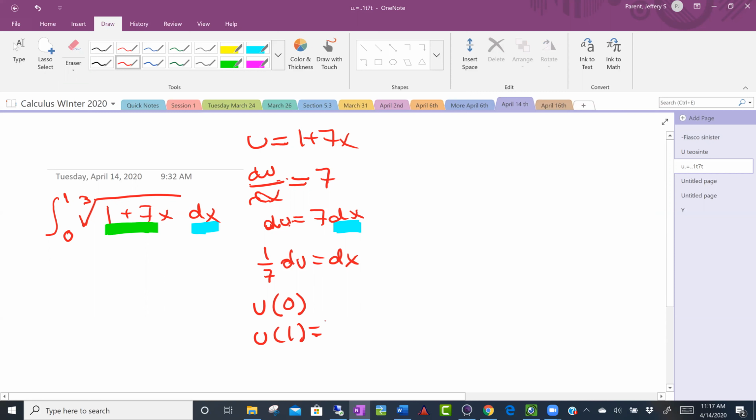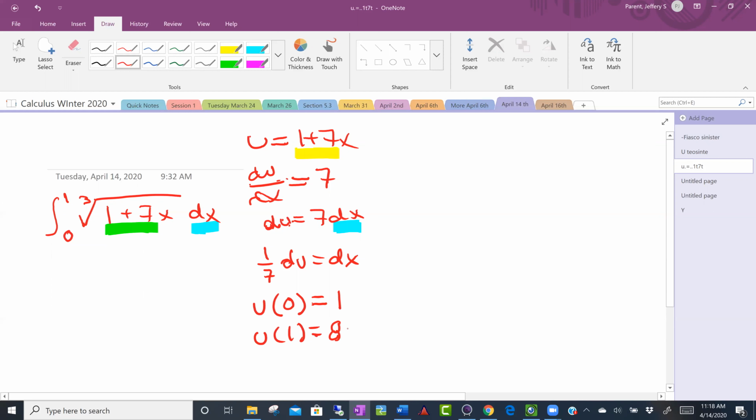So if I plug in a 0 into my expression up here, what am I going to get for u? What's my new limit going to be? The lower limit? Yeah, u of 0. It should be 1. Thank you, 1. And u of 1 would be? 8. 8. Good.